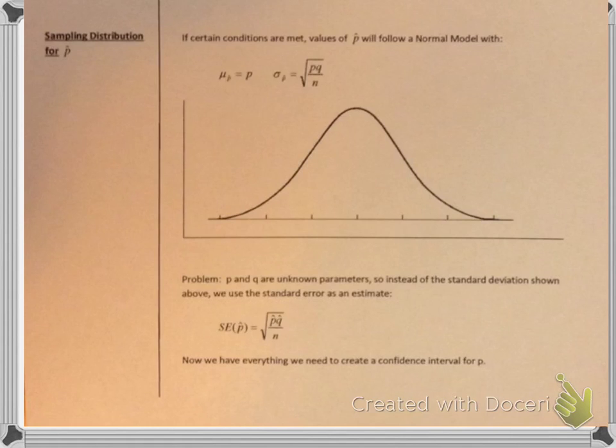We still have this notion that proportions follow the normal model, assuming the conditions are checked and met, and we need to make sure that's okay. If we have our normal model here, remember that mu sub p hat is just p, and sigma sub p hat is the square root of pq over n.